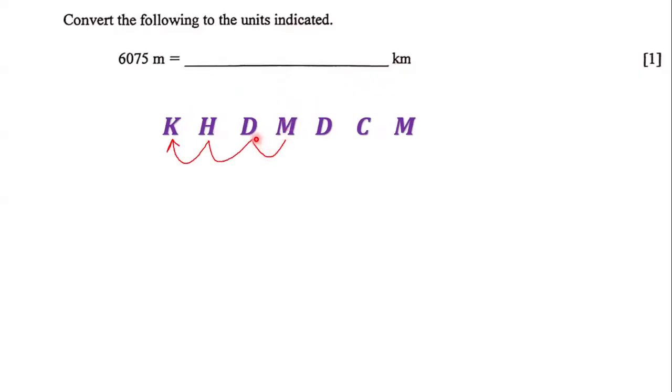So it's 1, 2, and 3. Since I moved 3 times, that means the number I'm dealing with is going to be 1,000. Now, do I move 3 times to the left or to the right? Because meters is here and I move this way. To the left.